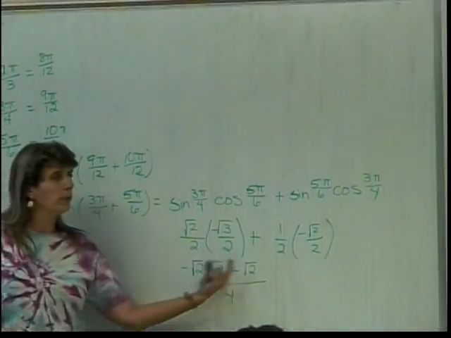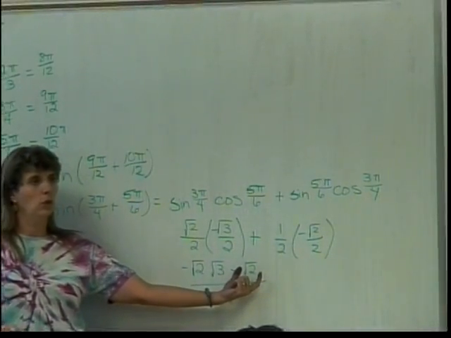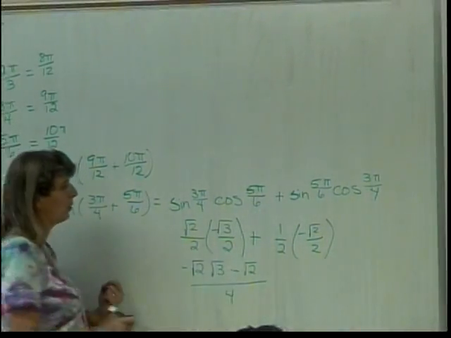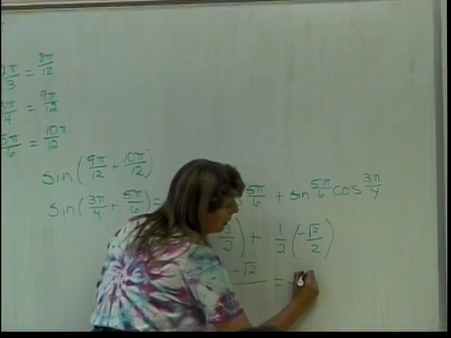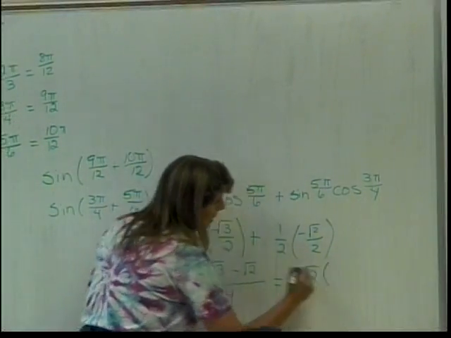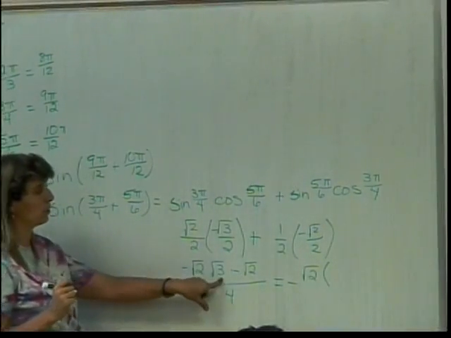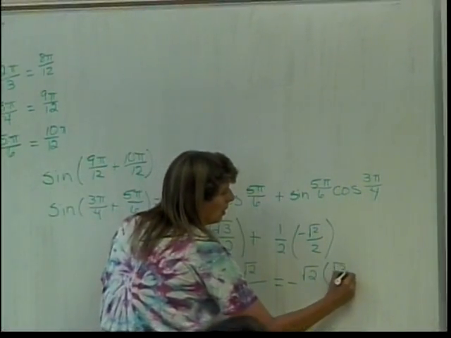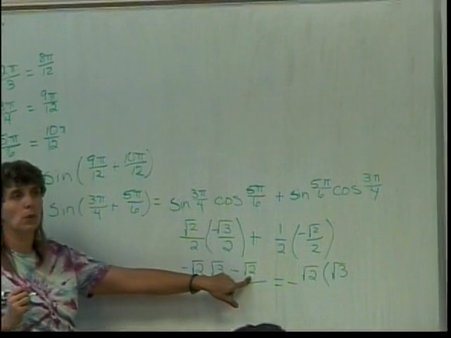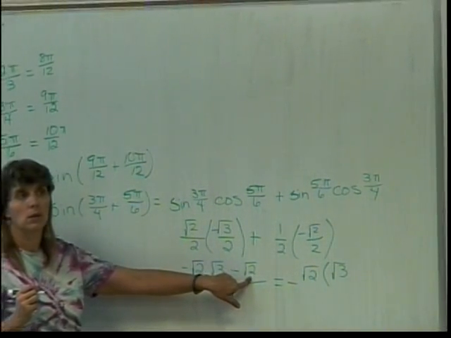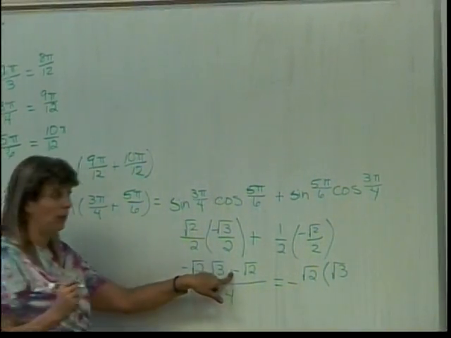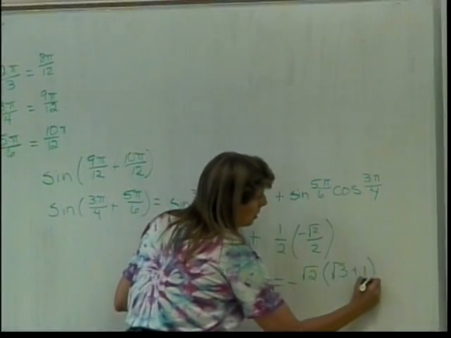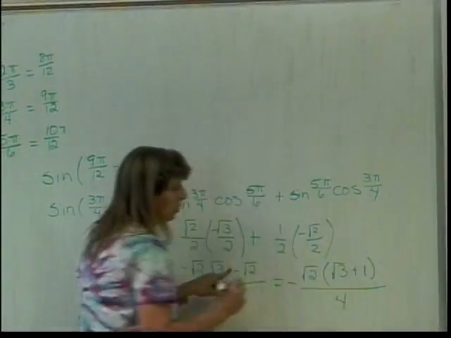Well, what square root is in both spots? 2, and the negative sign is in both spots, so I can factor out the negative and the square root of 2. When I factor out the square root of 2 from the square root of 2 times the square root of 3, I'm left with the square root of 3. When I factor out the square root of 2 from the square root of 2, I'm left with 1, and it's going to be plus because I pulled out the negative sign too. And then that's going to be over 4.